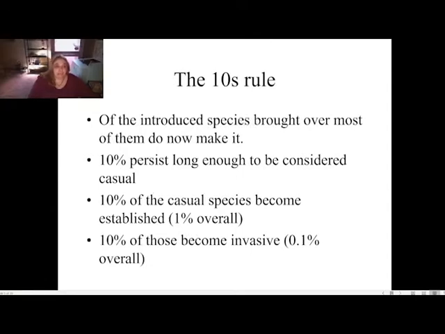So if only 10% of introduced species actually persist, what are some of the reasons they're not persisting? Sometimes we'll introduce a species and they won't survive. It could be that they're introduced to an area that's unsuitable habitat for them. It could be they're introduced to new diseases in this area that they had previously never been exposed to because they're not from there. There could be too much competition from native species. They could be introduced in a small number.